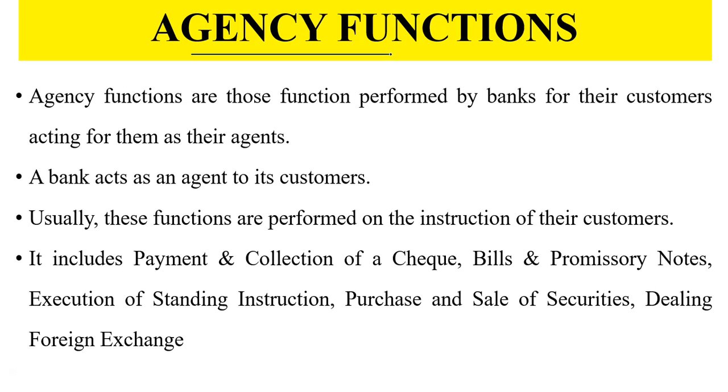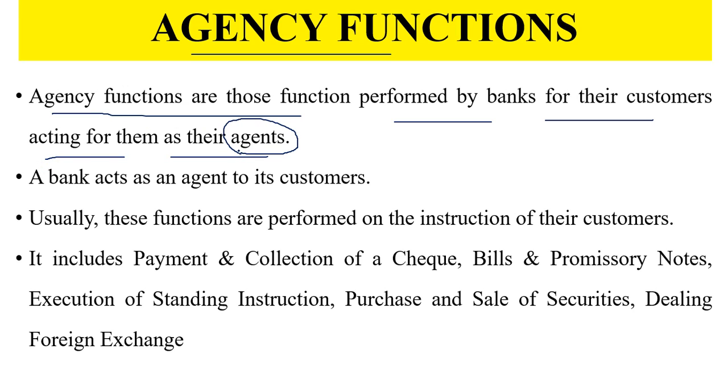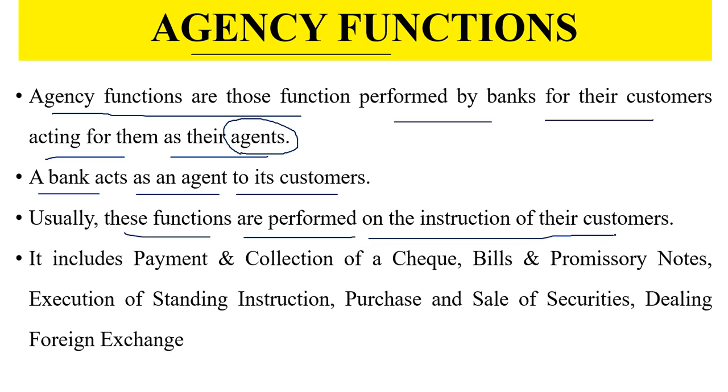What are agency functions? Agency functions are those functions performed by a bank for their customers, acting for them as their agent. So basically bank acts as an agent for their customer. In short, bank acts as an agent to its customer. Usually agency functions are performed on the instructions of the customer.